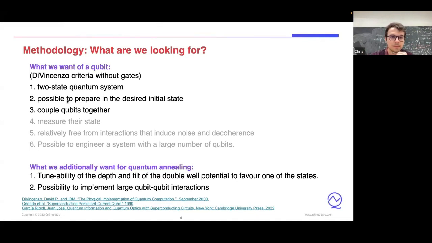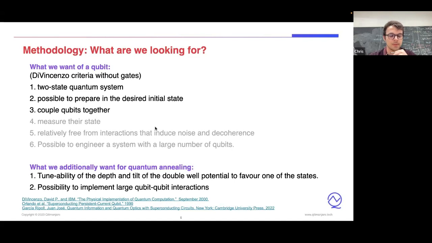We need to be able to prepare it in a desired initial state, so we basically know where we start our calculation. We need to couple multiple qubits because individual qubits are not very interesting. They're not able to do any meaningful calculation. We want to measure the state of the qubits in the system, and this needs to be done relatively free of noise and decoherence.